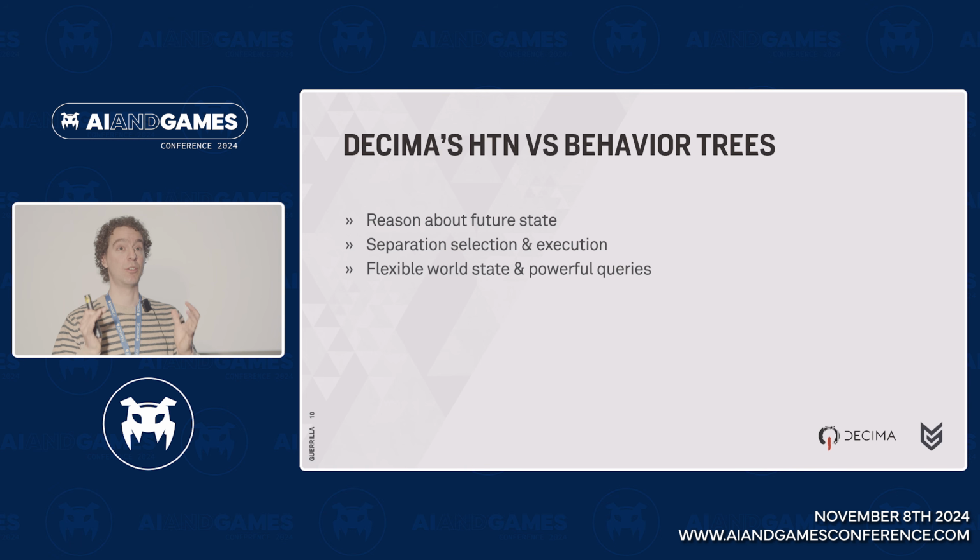So behavior trees reason about now, while planner approaches could reason about future state. There's a strong separation in planners between selecting the actions and then executing them later.